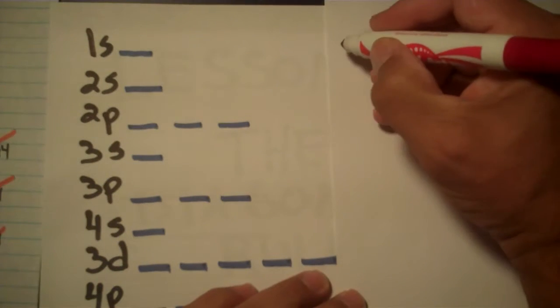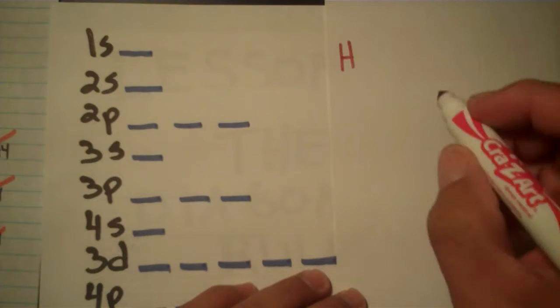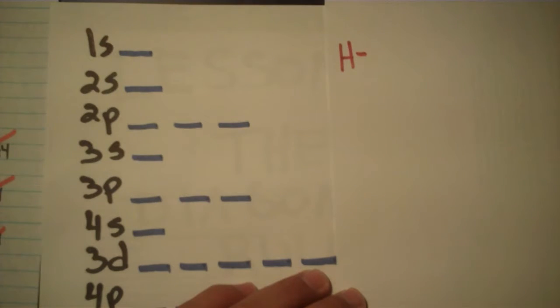All right, what we're going to do is start putting in these electrons, but we have to have an element. So, of course, we'll start with the simplest one, like we did yesterday. We're going to just start with hydrogen. Hydrogen is number 1, so it has 1 proton and therefore 1 electron. So we have to place this 1 electron.